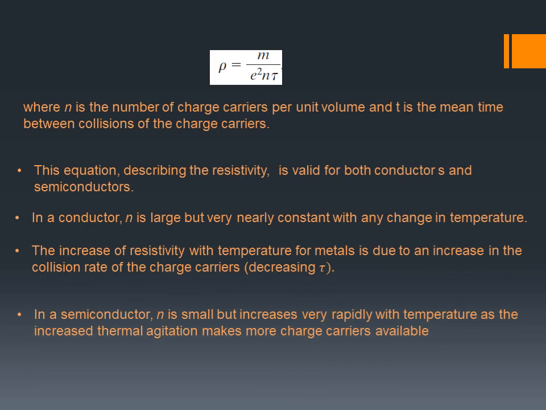We also said that resistivity decreases by adding impurities to the semiconductors. Why? Because when we add impurities, there are more electrons, and when there are more electrons, n increases and the resistivity decreases.